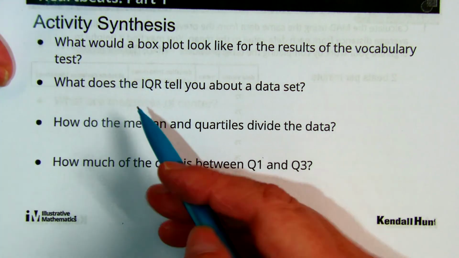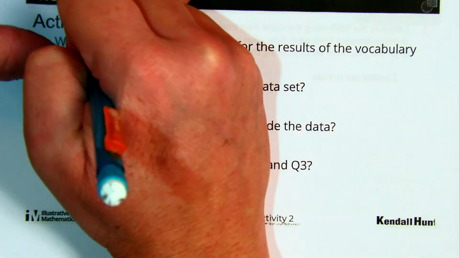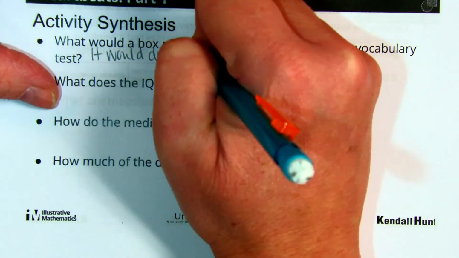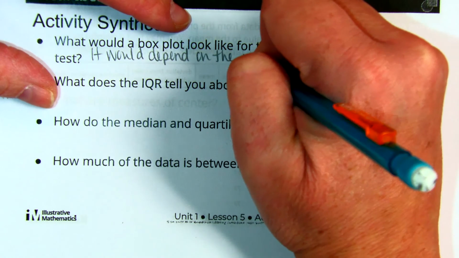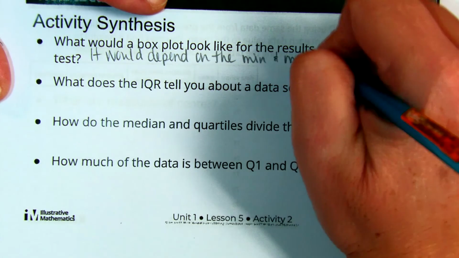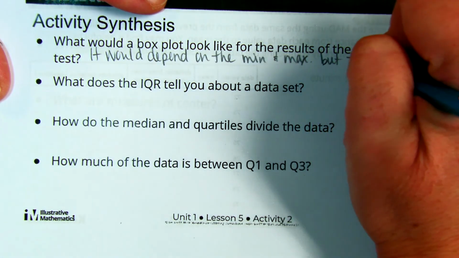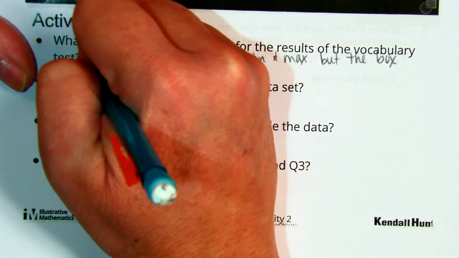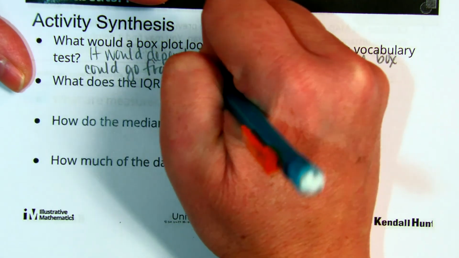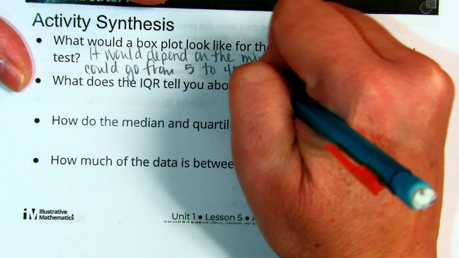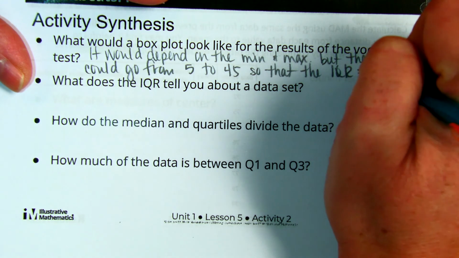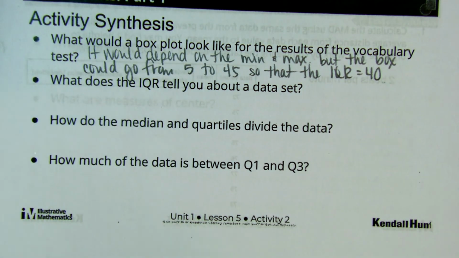What it might look like, first of all, we don't know what the minimum and maximum are, so it would depend on the min and max, but the box could go from 5 to 45 so that the IQR is 40. So remember, IQR represents spread.